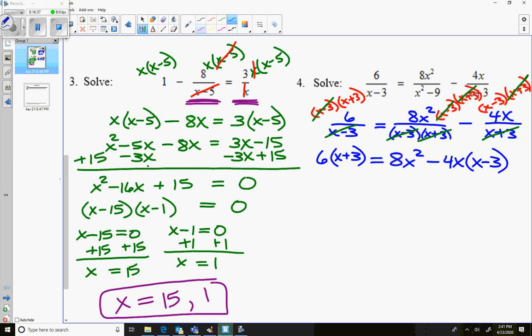Now we have an equation without fractions. Makes it a little bit easier. Distribute your 6. Distribute a negative 4x. And lo and behold, quadratic equations again.